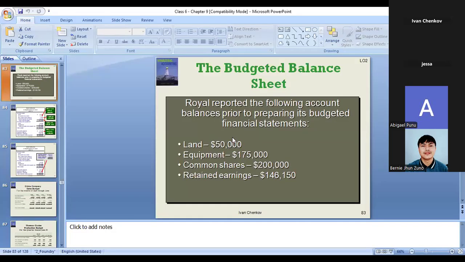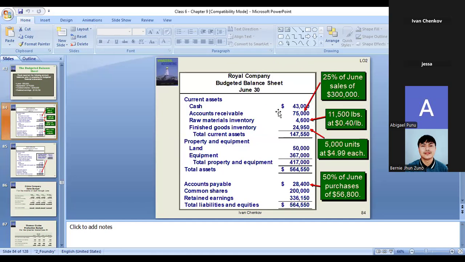So let's see what the slide's doing, and we are done with this. For the slides, again, we're going to get the cash from the cash budget, accounts receivable from the sales budget, raw material from the direct material, 11,500 pounds times 40 cents. Finished goods, 5,000 units at $4.99 per unit.